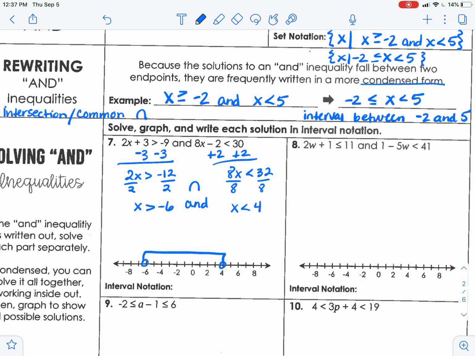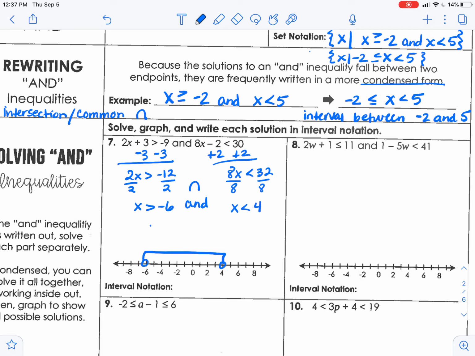So when I graph the two, if you graph that whole thing and you leave it, that is not the answer. So what this means is to satisfy both of these equations at the same time, I would only be able to choose answers from negative 6 to 4. Now, when you look at this one up here, I could choose a number greater than negative 6, so I could actually choose like 8, and that would make that true, but it won't make the other statement true, okay?